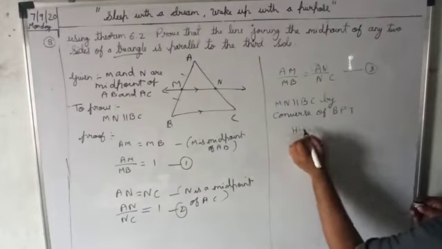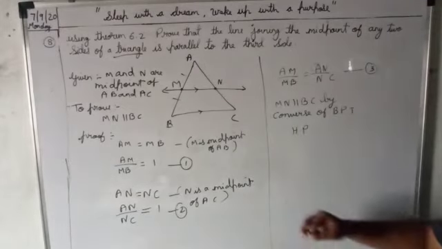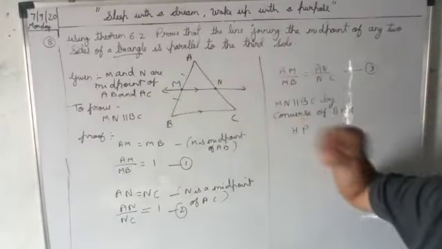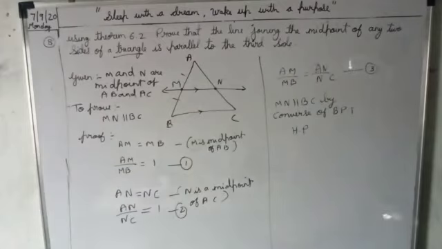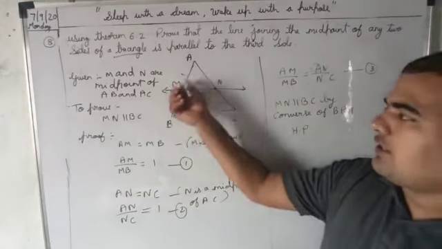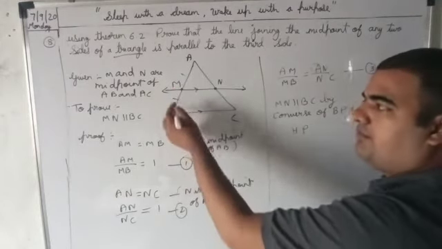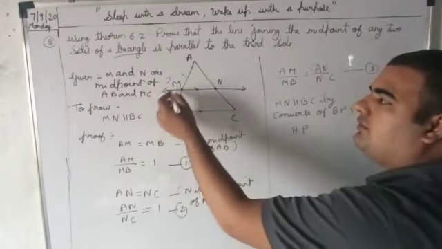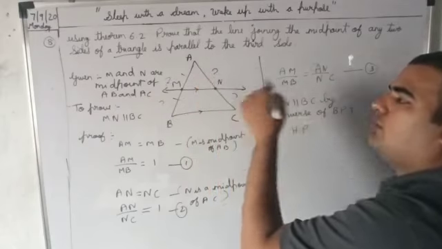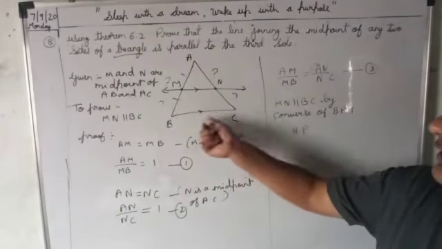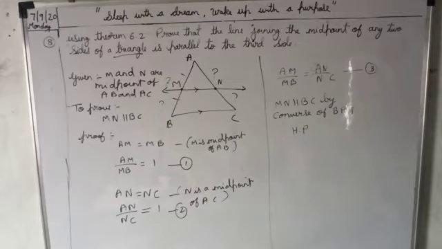Hence it is proved, because AM upon MB equals AN upon NC. So we have the statement of converse of BPT: if a line divides any two sides in some ratio, then it is parallel to the third side. So that's why MN is parallel to BC.